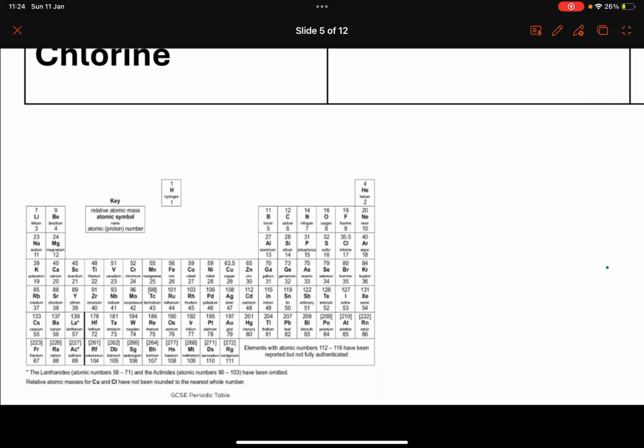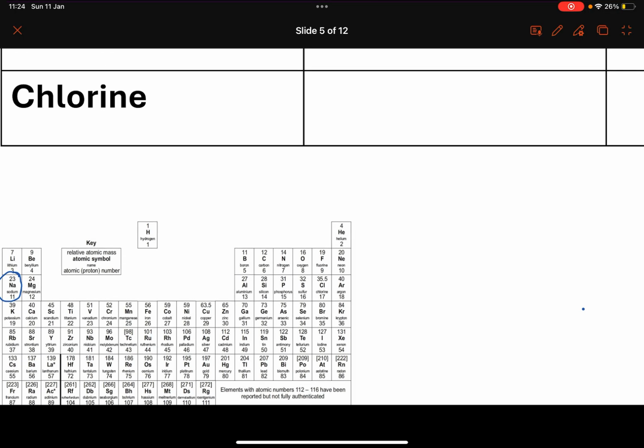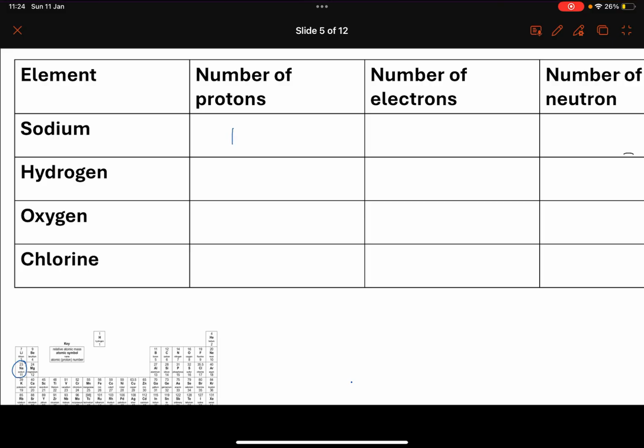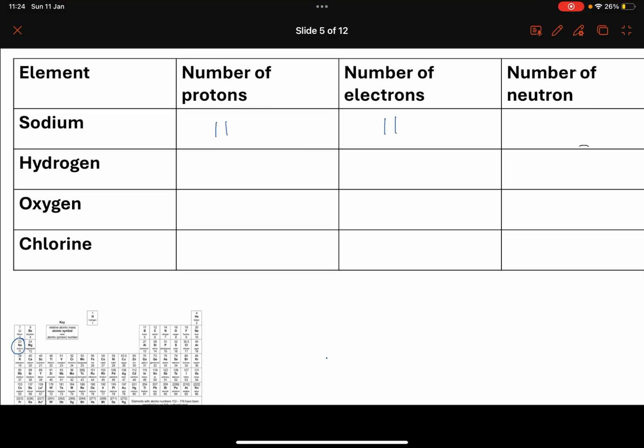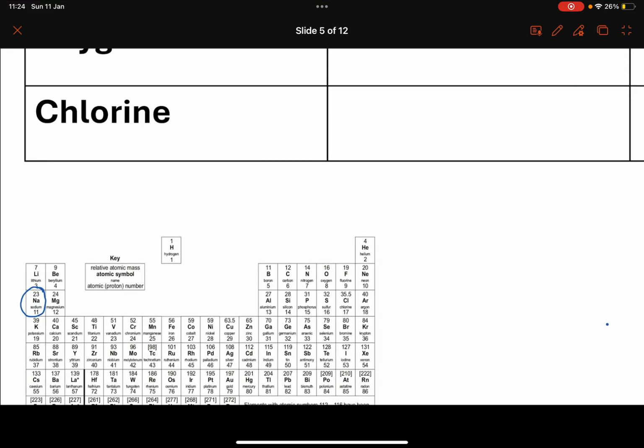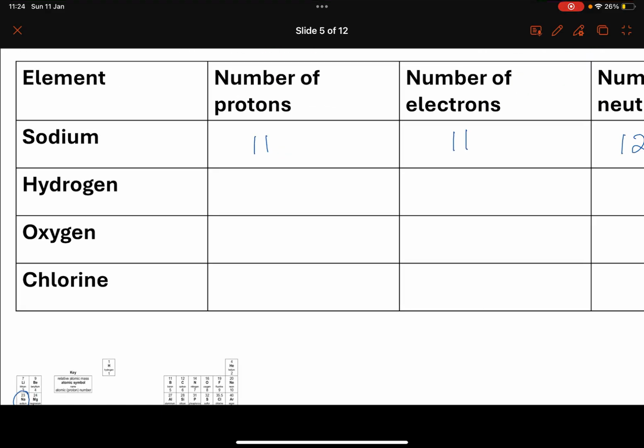Okay, so sodium, if we zoom in, sodium is here, so 11 is the bottom number and the top number is 23. So it's going to have 11 protons, 11 electrons, and then 23 minus 11 is 12 neutrons. So give yourself a tick if you got that. Hydrogen, it's in the middle. Both top and bottom is 1.